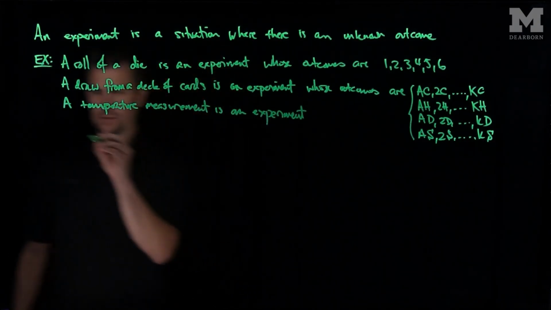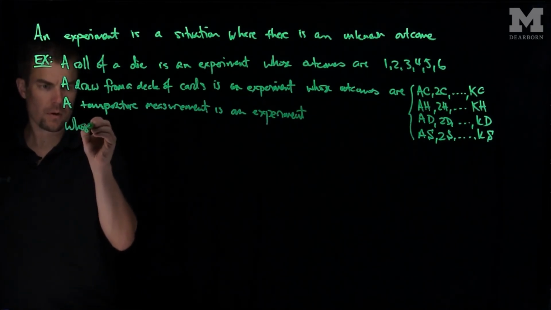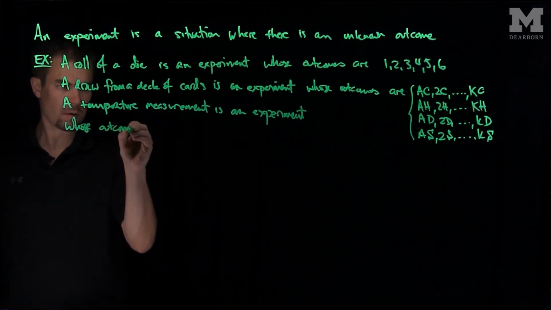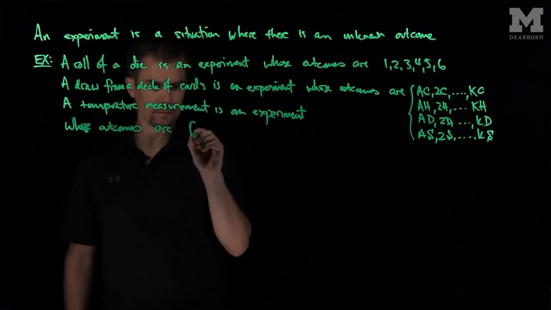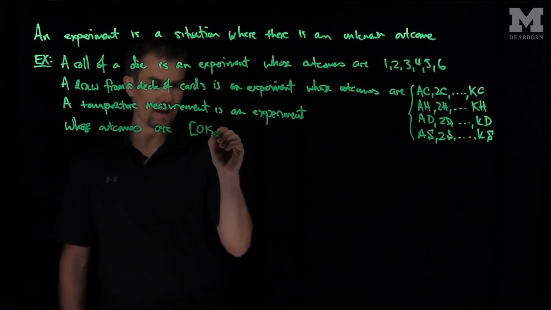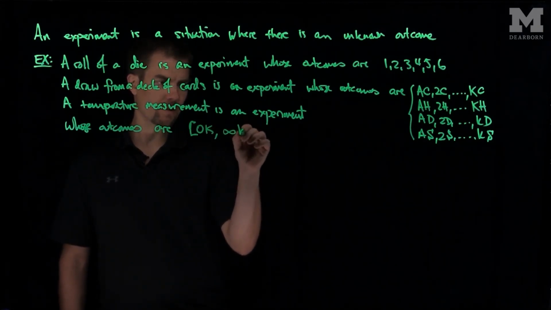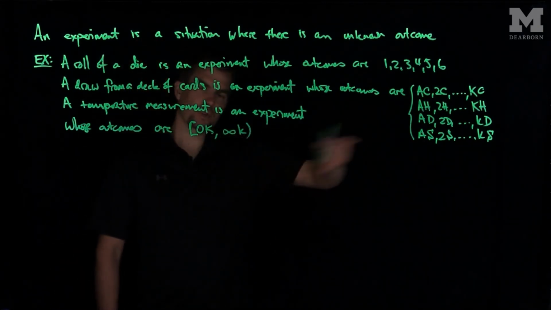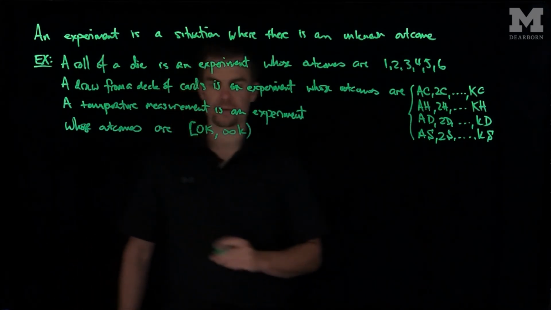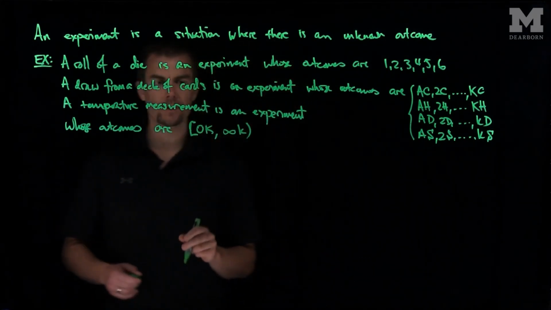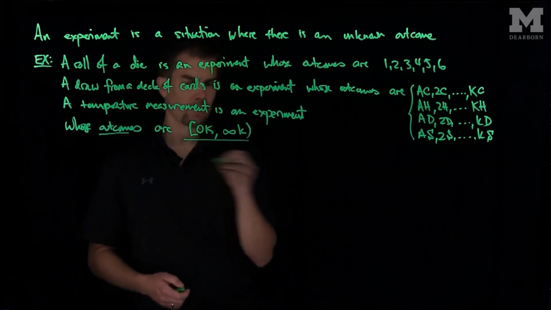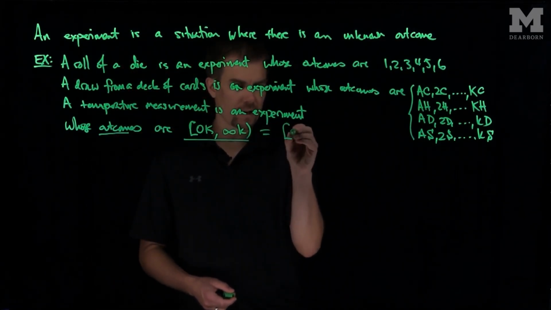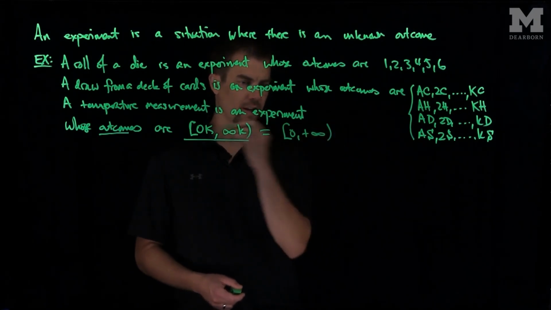And the outcomes are anything in the interval 0 Kelvin all the way up to positive infinity Kelvin. You can have as much heat as you want, but you can go down only as low as 0 Kelvin under most physical assumptions. So we can see that outcomes can actually be an interval, right? More conventionally, we write this as 0 to plus infinity.